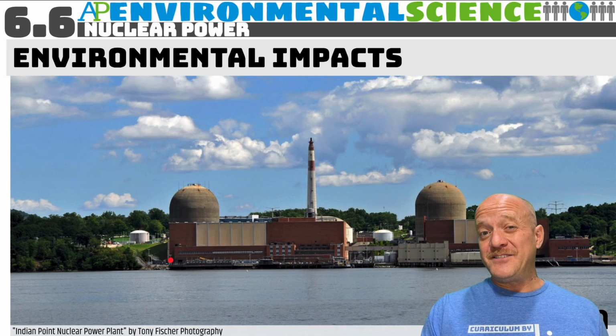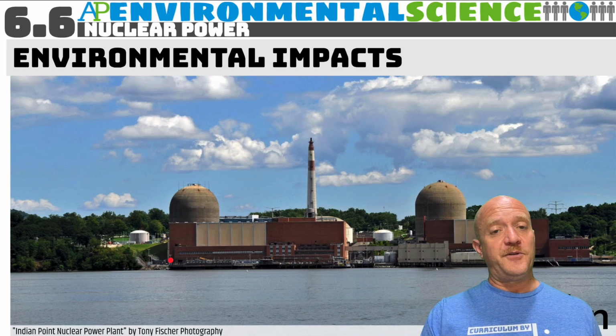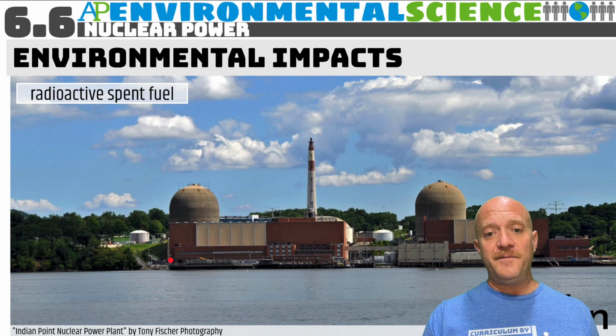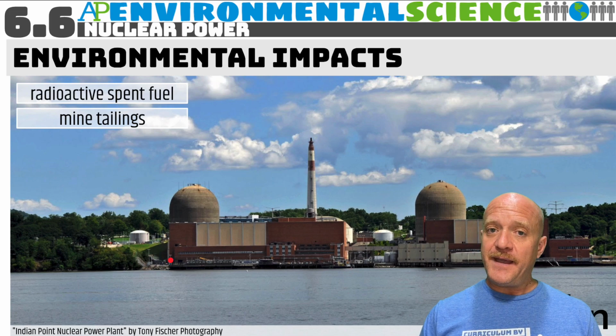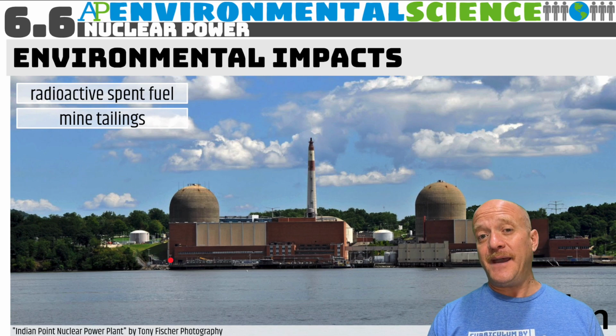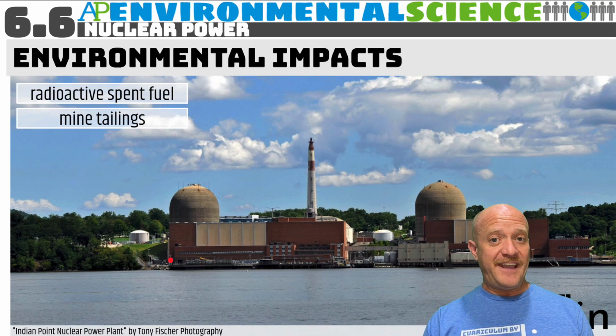Now, there are some environmental impacts of nuclear power generation. For one, you have to deal with this radioactive spent fuel. You also have the mine tailing. So anytime you're mining for the uranium, you have the impacts from mining, but you also have the impacts from the uranium purification.